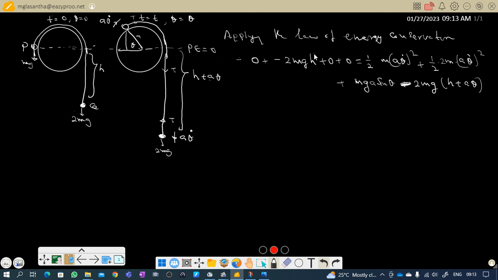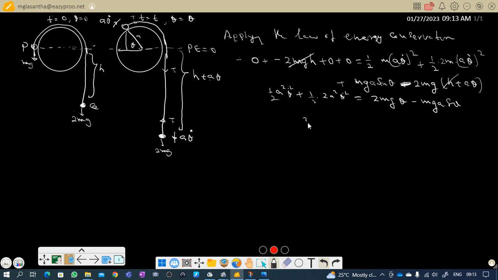So this h gets cancelled on both sides, minus 2mgh is there, 2mgh gets cancelled on both sides. Then m also gets cancelled. So half a squared theta dot squared plus half 2a squared theta dot squared equals 2mg a theta minus mg a sin theta.